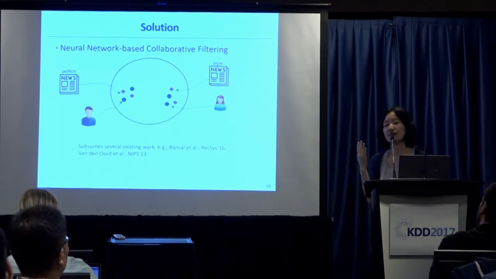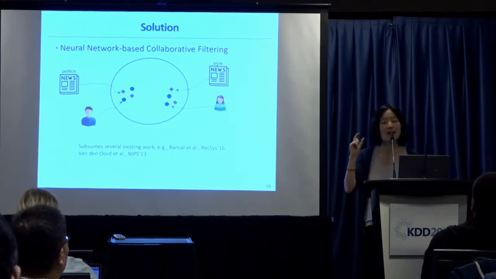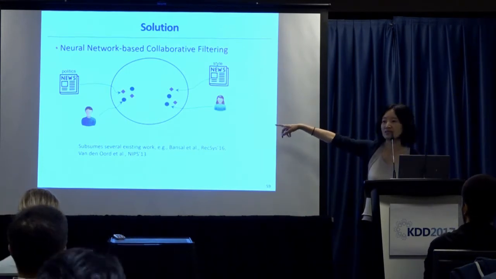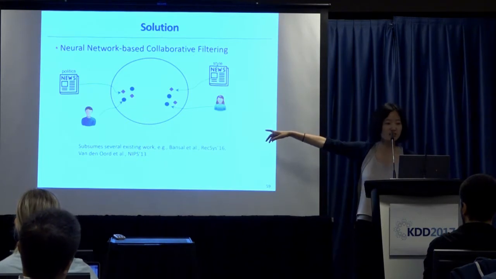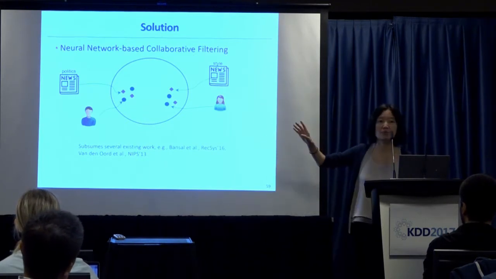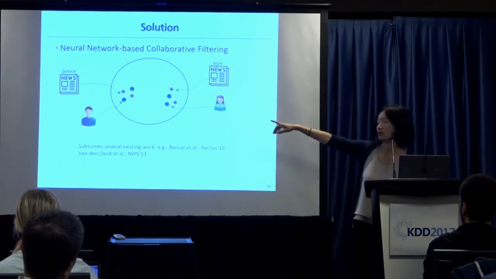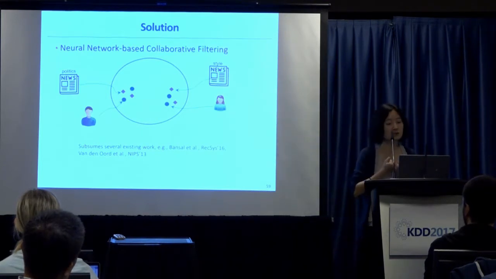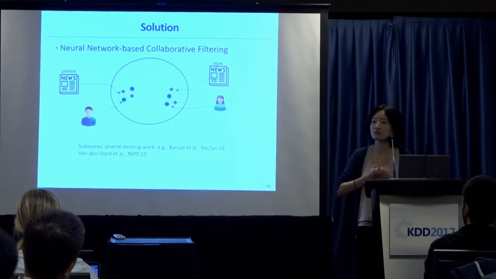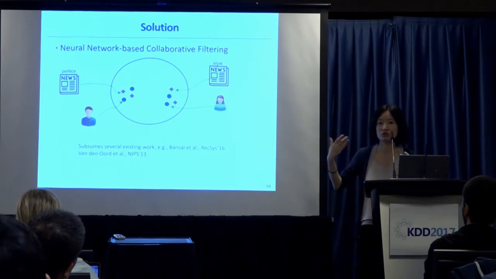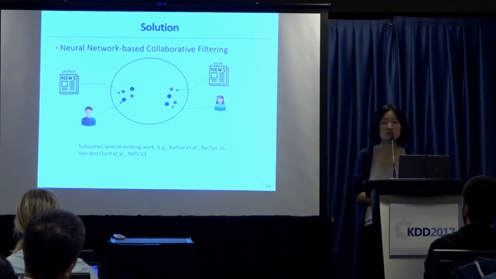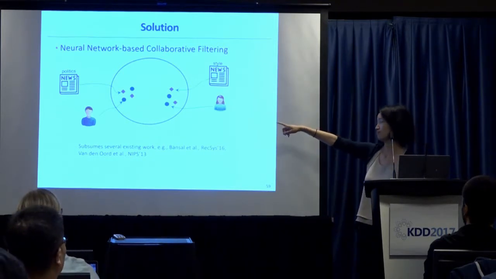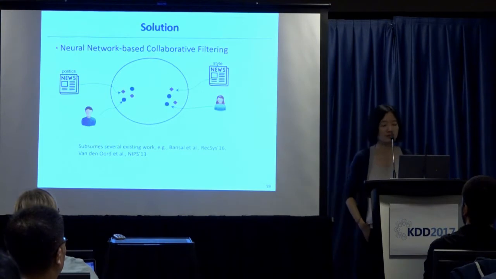The general idea is that if we can map the content into some embedding, some representation, and at the same time map the user into a representation in the same space, then we can just compute the similarity between the two vectors and determine which news article to recommend to this user, right? So how to map the user to some feature vector?